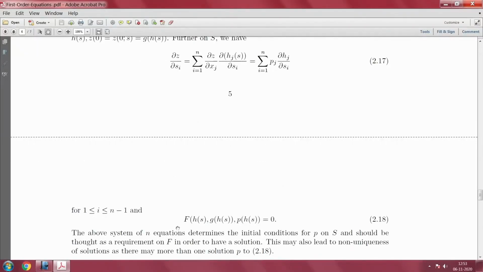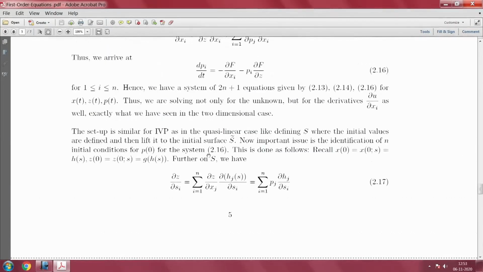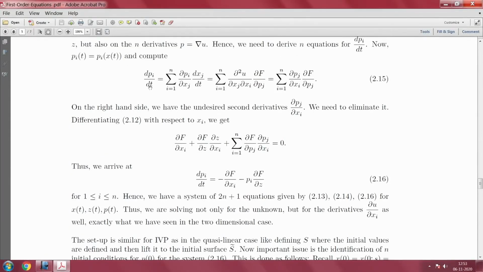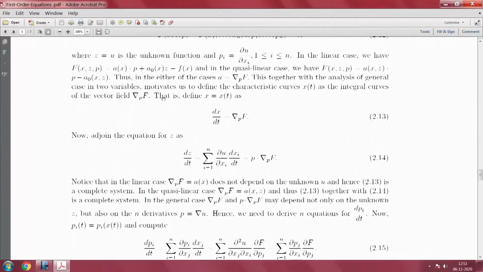See these variables p i. We have obtained ODEs for them, but there are no initial conditions for them, the p i's. For initial conditions for x, we can take a point on the given surface, and initial condition for z comes from the initial condition imposed.